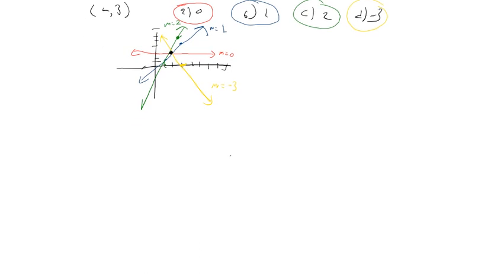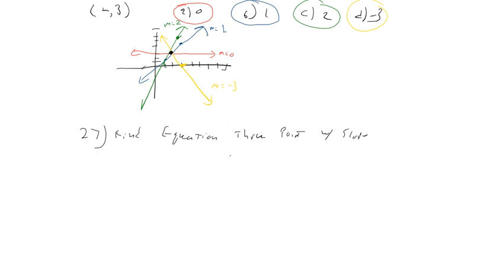27. So this one said to find the general form of the equation, or find an equation that passes through the given point and has the slope. So find the equation through a point with a certain slope.